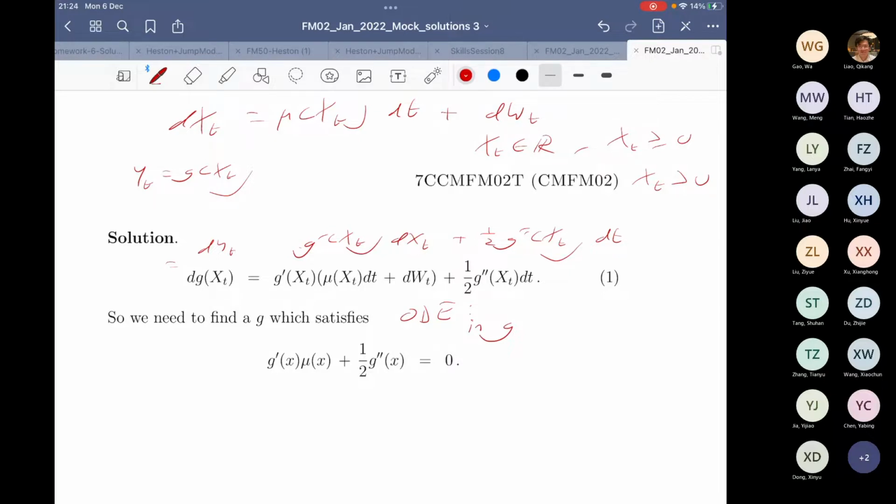That's fine, but let's see if we can integrate this. I think it's just a messy exponential formula, but let me remind myself how to do that. Some of you may be able to do this quicker than me. I think we would want to write mu of x equals minus a half g'' of x divided by g' of x.